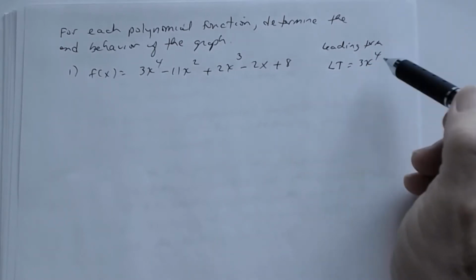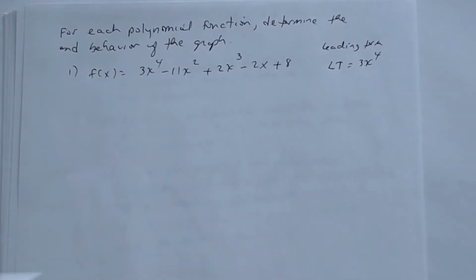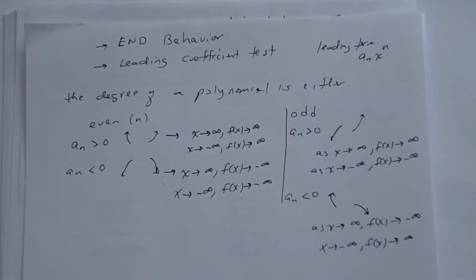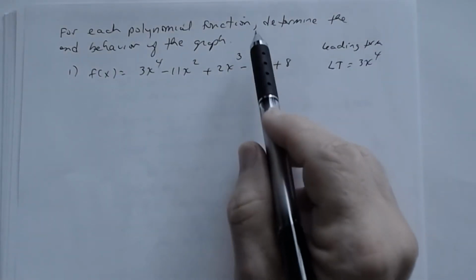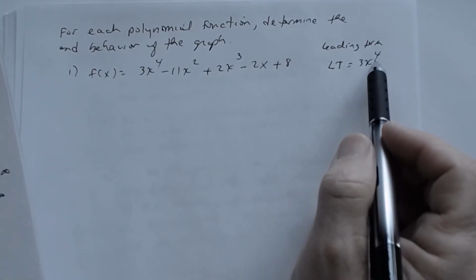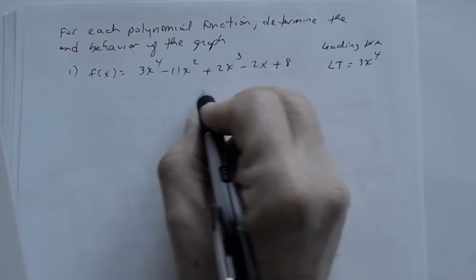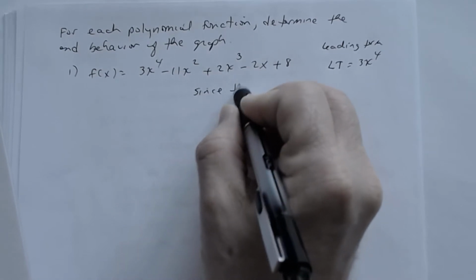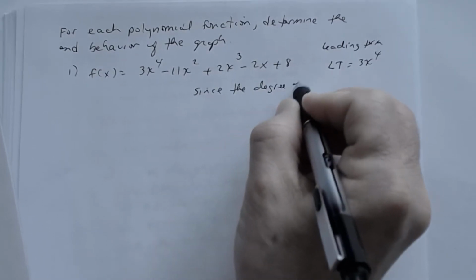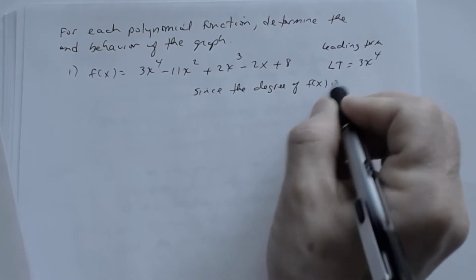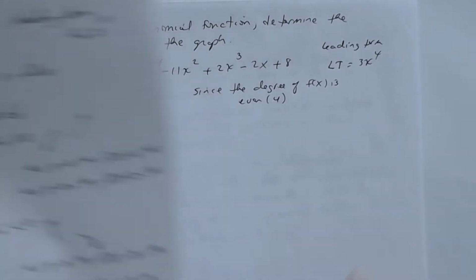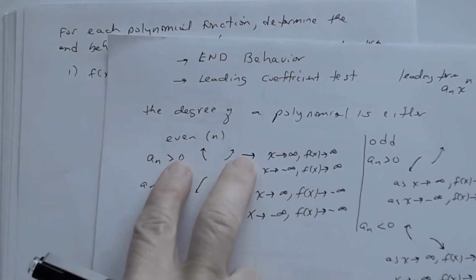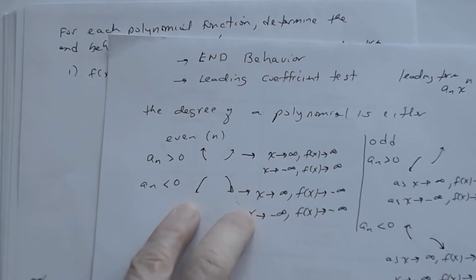Now knowing that, you can use this information from the previous lesson. The degree of this polynomial is 4, so since the degree of f of x is even, the end behavior is either going to point up or it's going to point down.